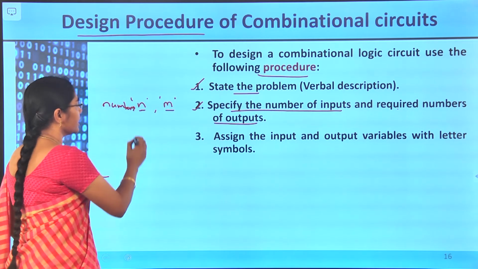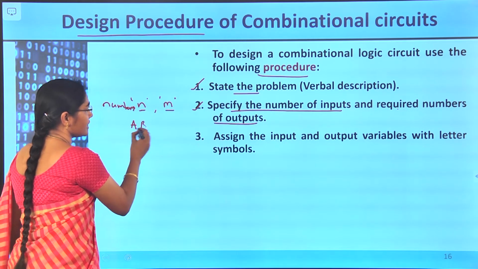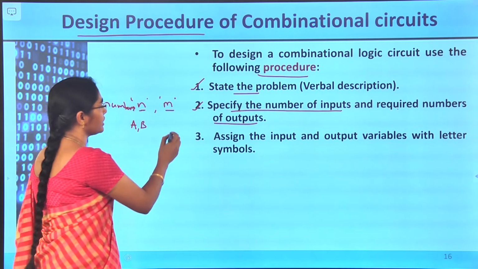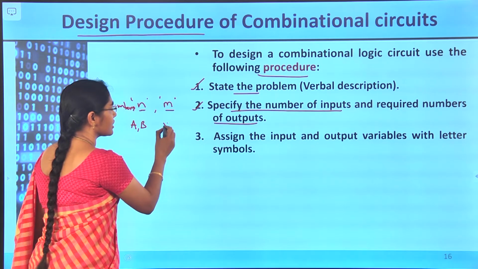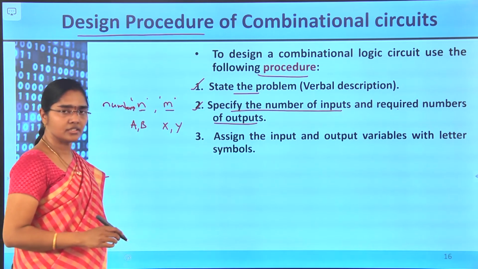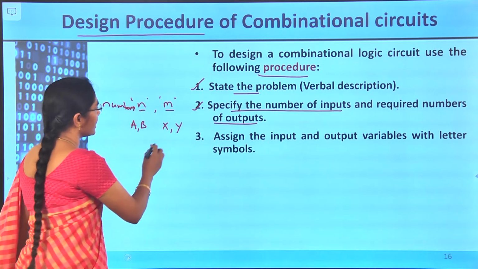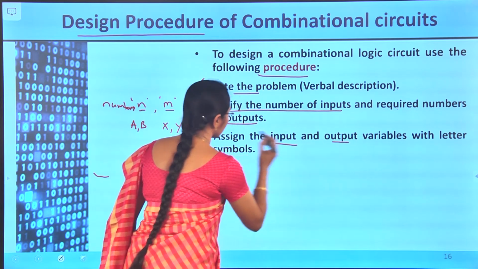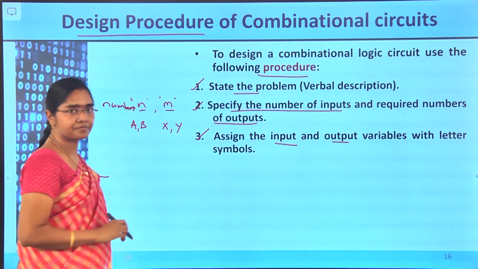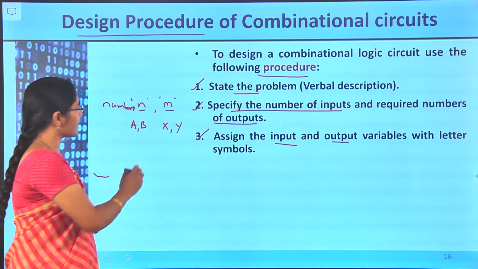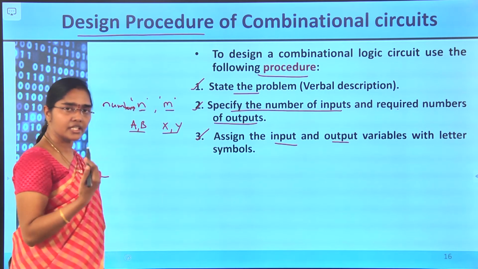That means, if two inputs are used, assign some variables like A and B, and if two outputs are used, let us assign the names X and Y. That means assigning the input and output variables with letter symbols. These letter symbols may be any name.